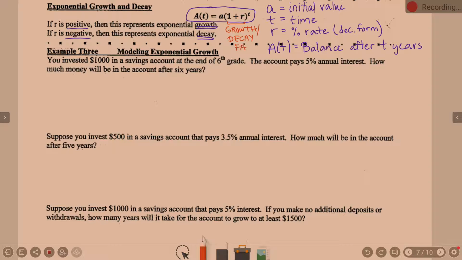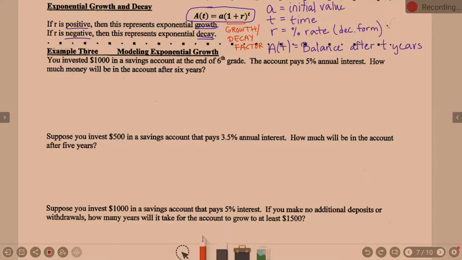So whatever is in parentheses raised to the variable. That does not include the A, nor does it include the t. It's just the 1 plus R. Does it include the exponent? No, just the 1 plus R.